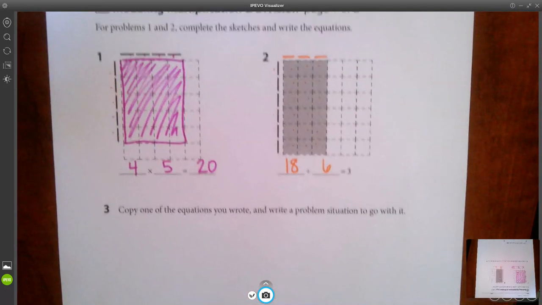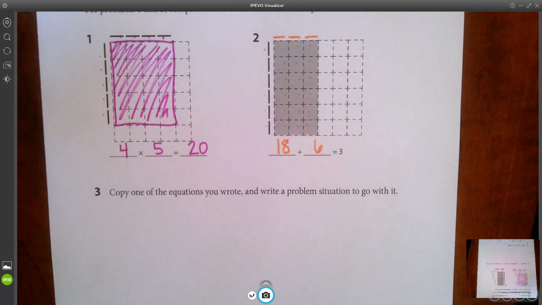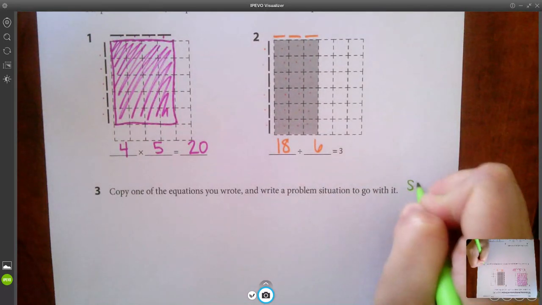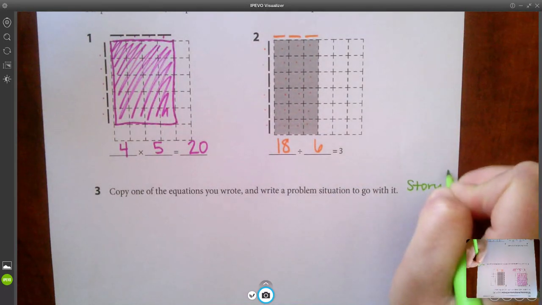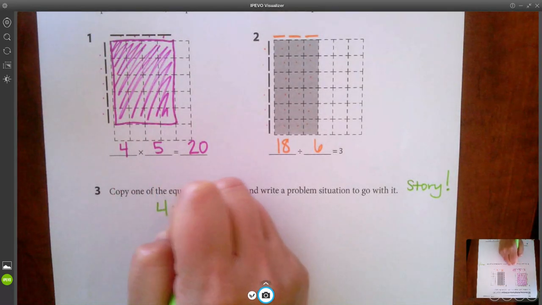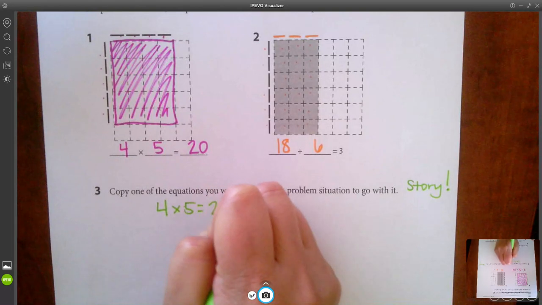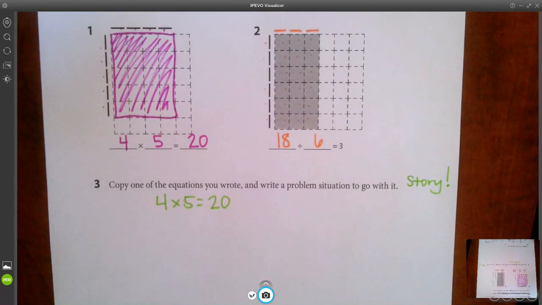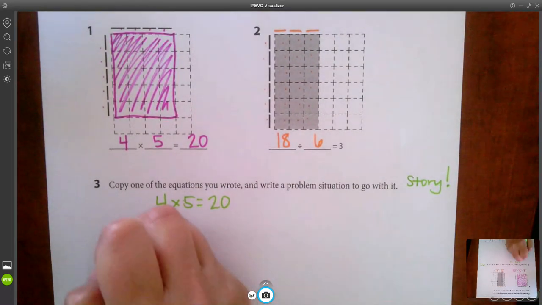All right, number 3. Copy one of the equations you wrote and write a problem situation. Guys, that's like a story. So we're going to write a story to go with it, and it can be really simple. I think I'm going to pick my first one. Okay, so I'm going to choose this equation. And my equation story, let's see.